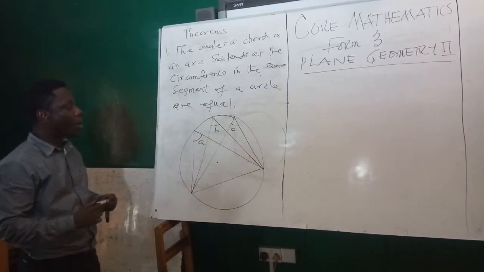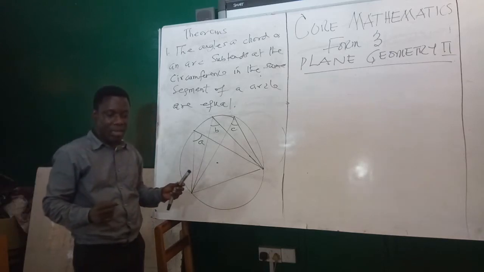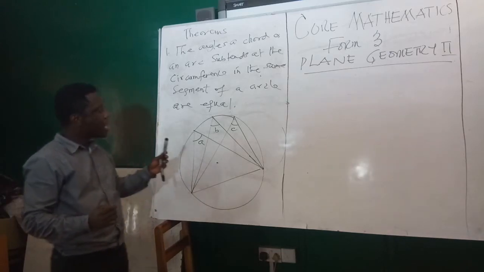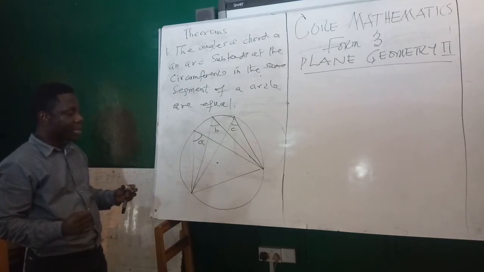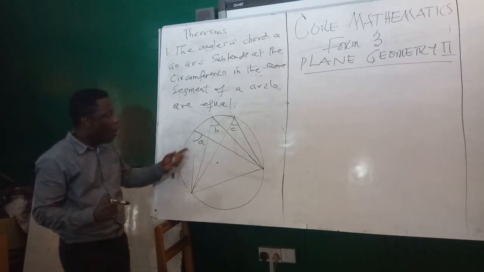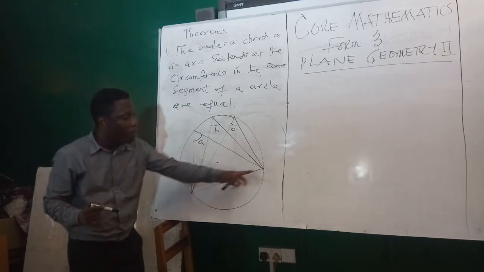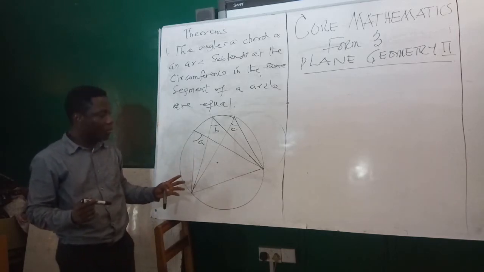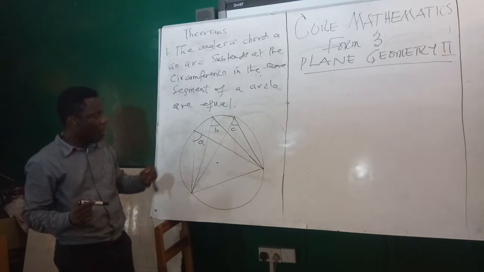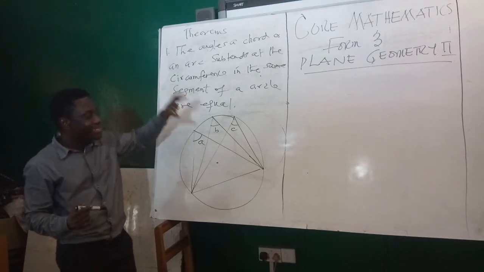C. Now, what you have to take note of is that the most important thing is that all these three angles are formed by the ends of the same chord. That is a crucial condition to take note of. The second crucial condition is that all these angles are in the same segment.